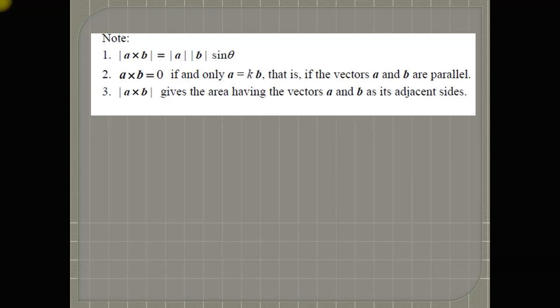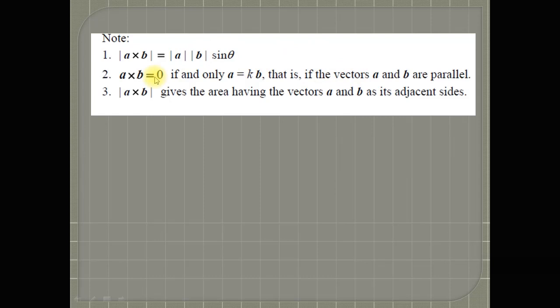So if A cross B is equal to 0 if and only if A is equal to KB, that is, if the vectors A and B are parallel, then A cross B will be equal to 0. For A cross B equal to 0, the angle theta will be 0, and sine 0 is equal to 0, while sine 90 is actually 1.